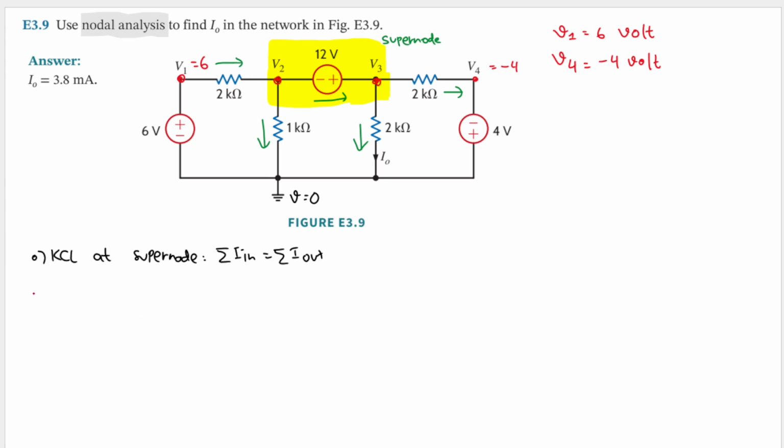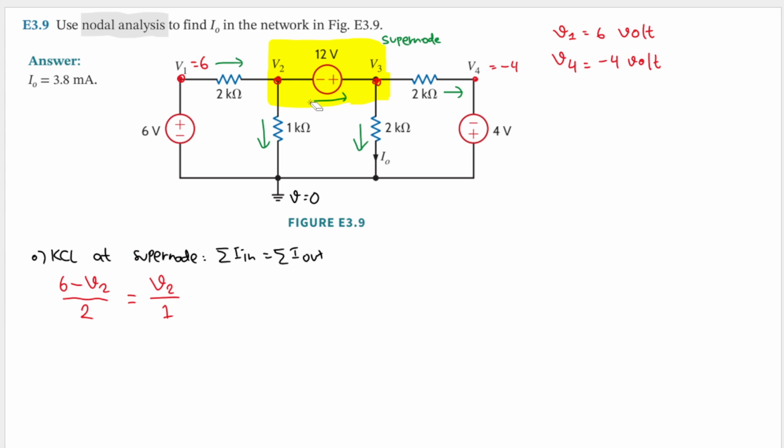This current is 6 minus V2 divided by the resistance between them, which is 2 ohm. That equals the currents going out. For this 1 kilo ohm, we have V2 minus 0 divided by 1, so V2 divided by 1.